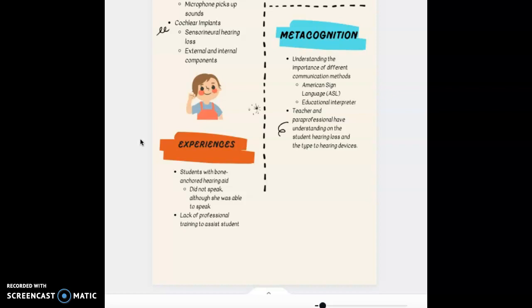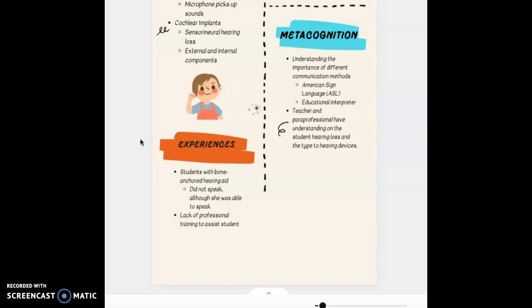So as a paraprofessional, I really had to learn in that moment how to help the student. And I think from there, that's where I was really impacted in how we should, as paraprofessionals and as teachers, actually understand these types of devices to help a student if needed.